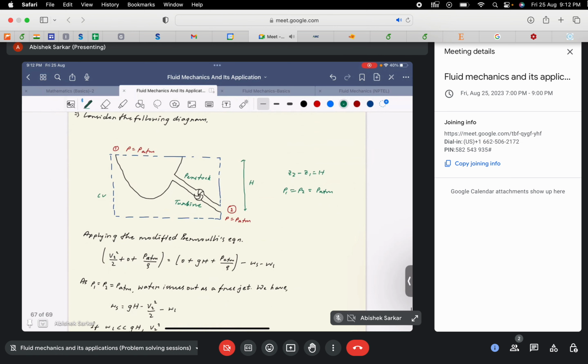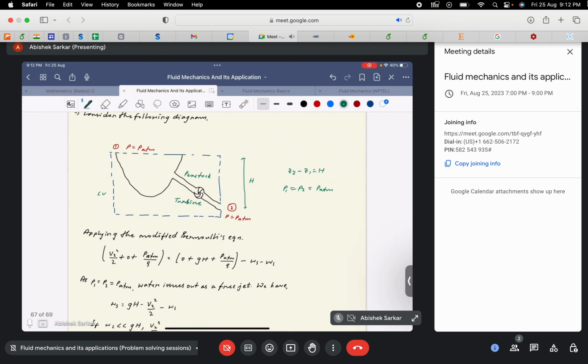Again V1 can ideally be taken as 0. Keeping those assumptions in consideration, we plug these values into the modified energy equation.